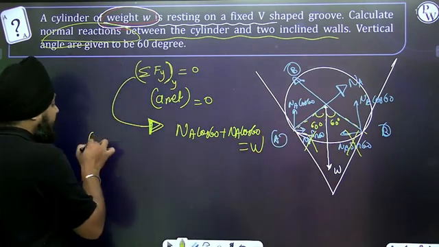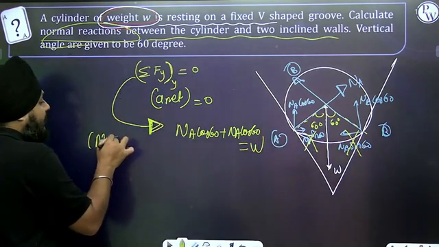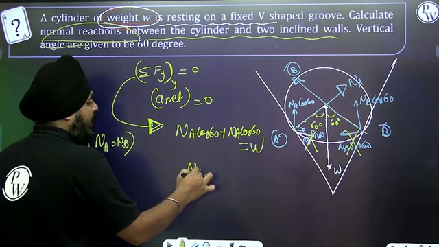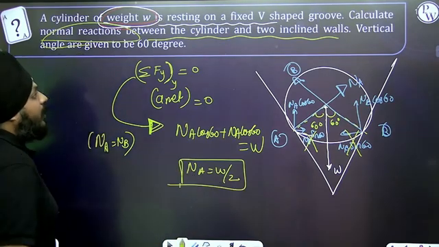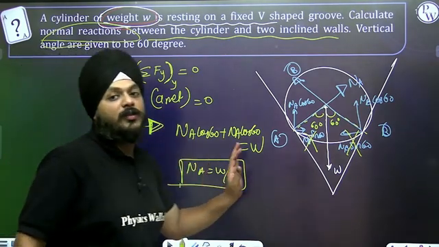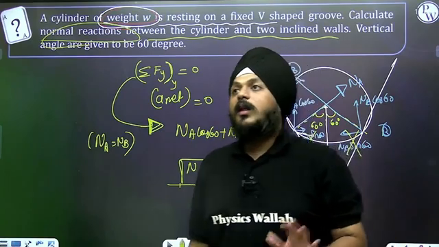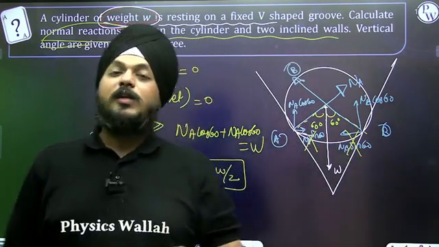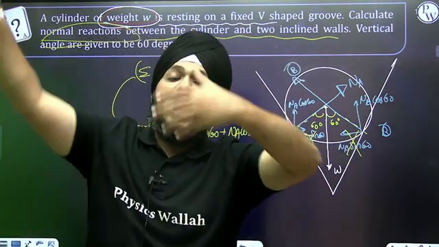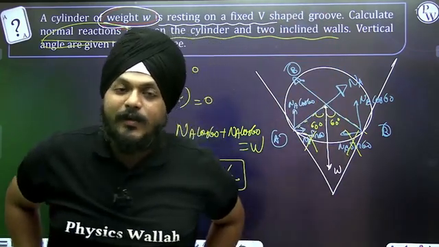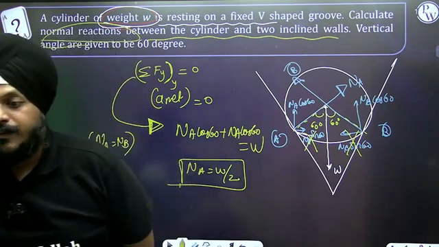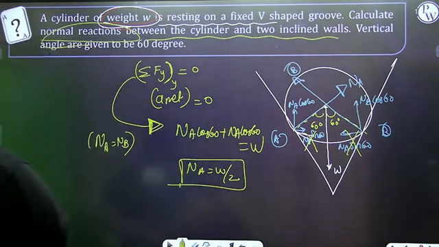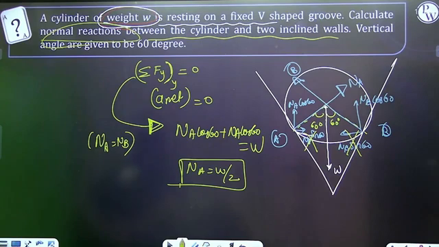So NA is going to be W by 2 in both directions, and this is the normal reaction value. The normal reaction is calculated individually just to show you how the equilibrium conditions are applied and to make you comfortable with this kind of condition.